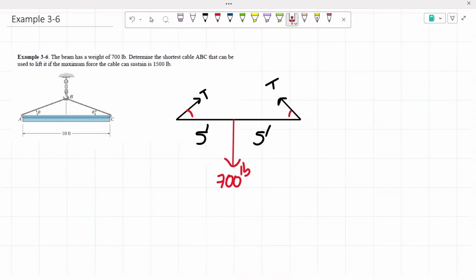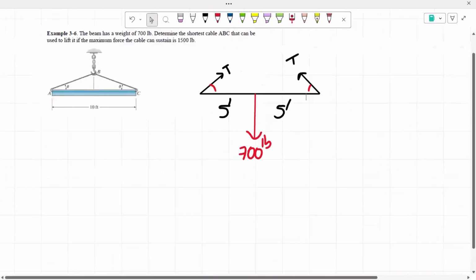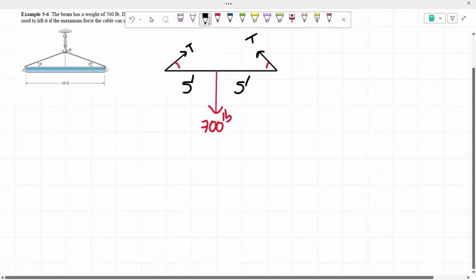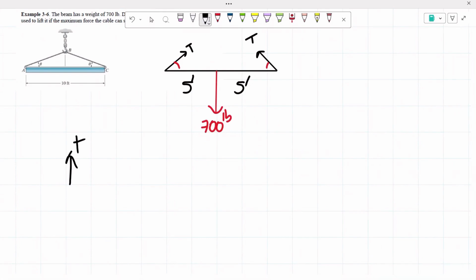We're assuming that upwards is positive, so we know that the sum of the forces in the y direction has to equal 0.